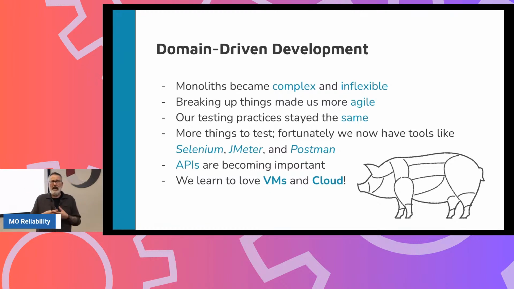We would still have the unit tests, but we started getting some more of the testing products, Selenium, JMeter, Postman. APIs were becoming more and more important because now we had these separate deployables, and then they would often communicate with each other. So we started getting into our VMs and the cloud at this time.